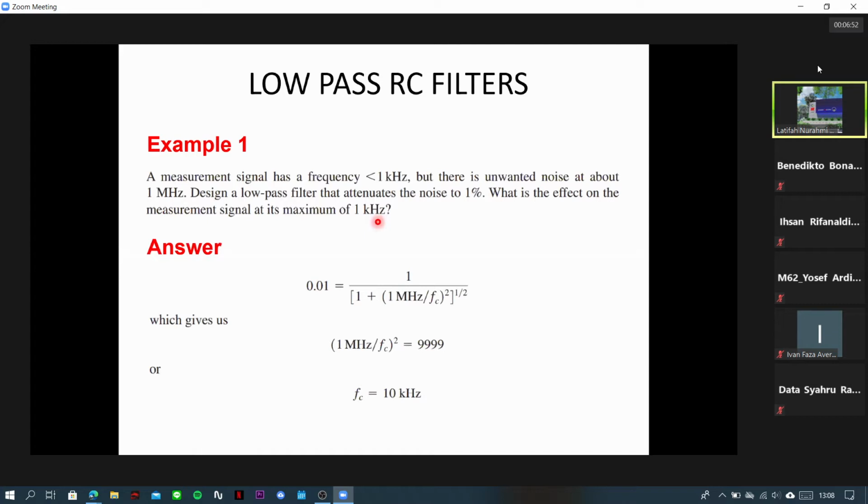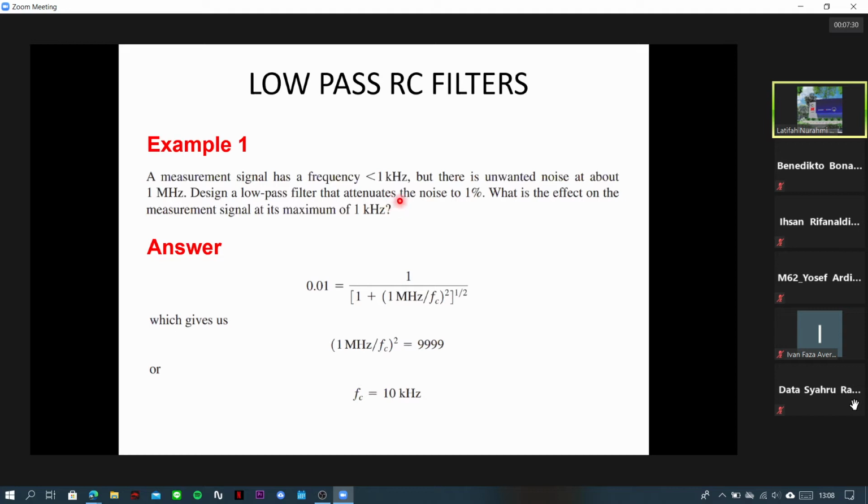What can we know from here? We want to remove the unwanted noise at about 1 megahertz, which is a lot higher than our frequency. We are measuring something at a very low signal frequency, lower than 1 kilohertz, and what we want to remove is the noise above that.